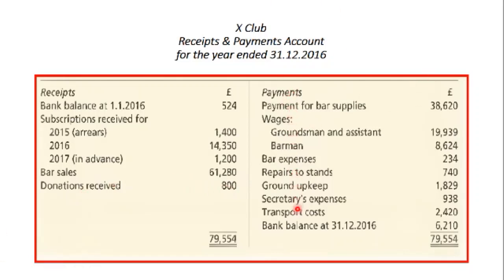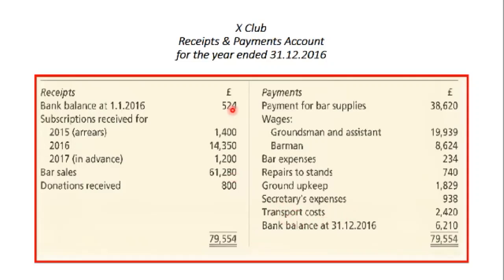On the side, if you look at the items carefully, you'll notice all of them are payments, things that you pay money for, right? So payment for bar supplies, 38,620, wages, groundsmen, assistants, barman, bar expenses, repair assistant, ground upkeep, secretary expenses, transport costs.